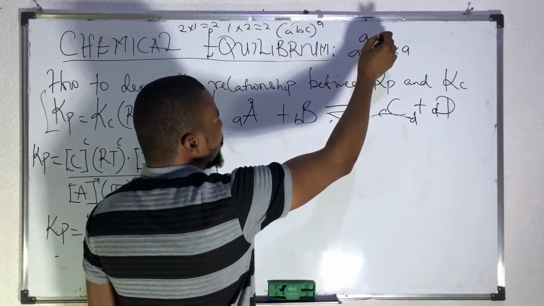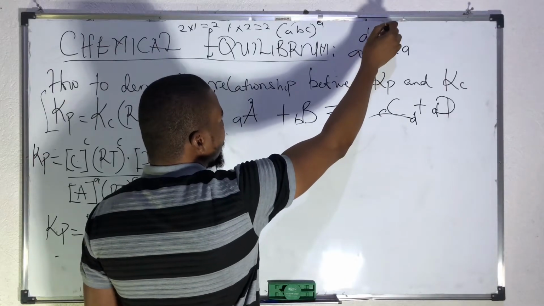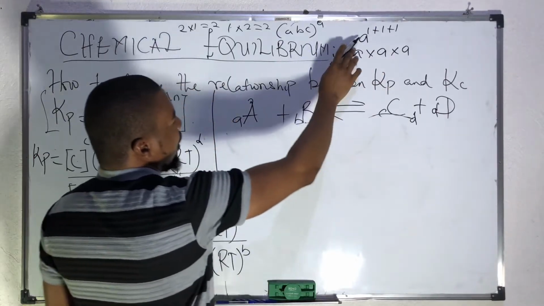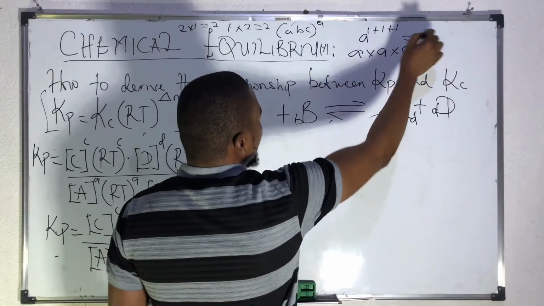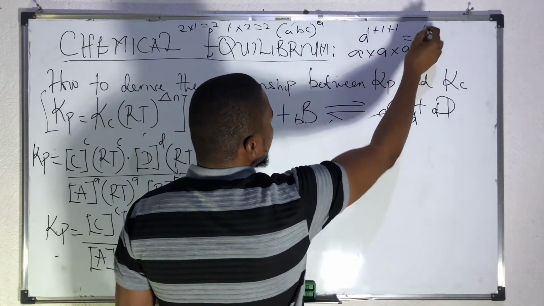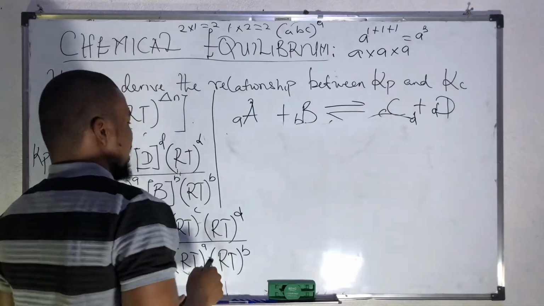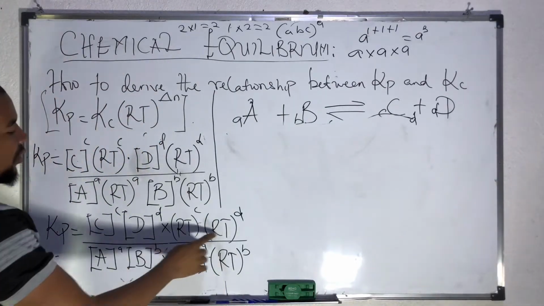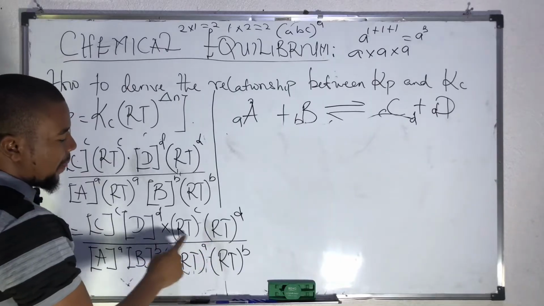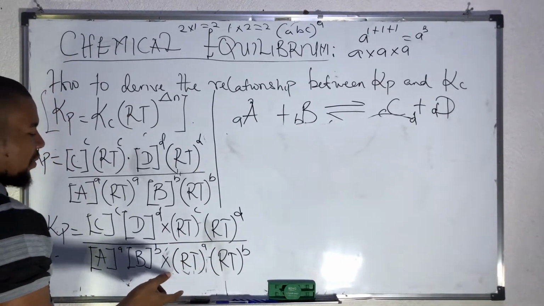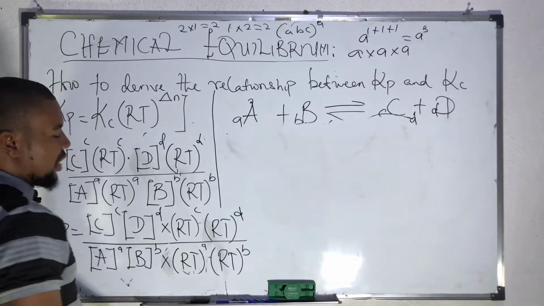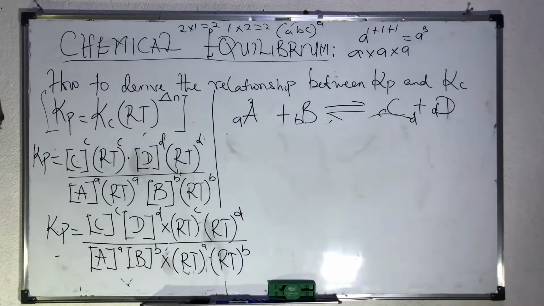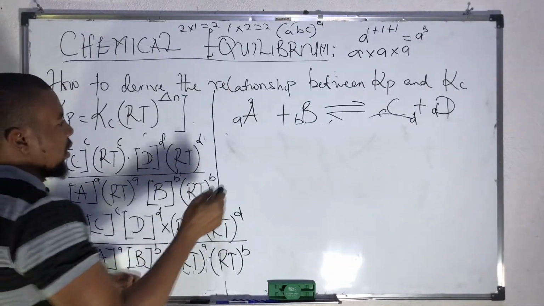So all you have to do is to say A to the power 1 plus 1 plus 1. This gives you 3, so this is equal to A cubed. We're also going to employ the same method here in the sense that the RTs are multiplying and they also have the same base, right? So we can add their respective powers. How do we do that? Let me write this up here.